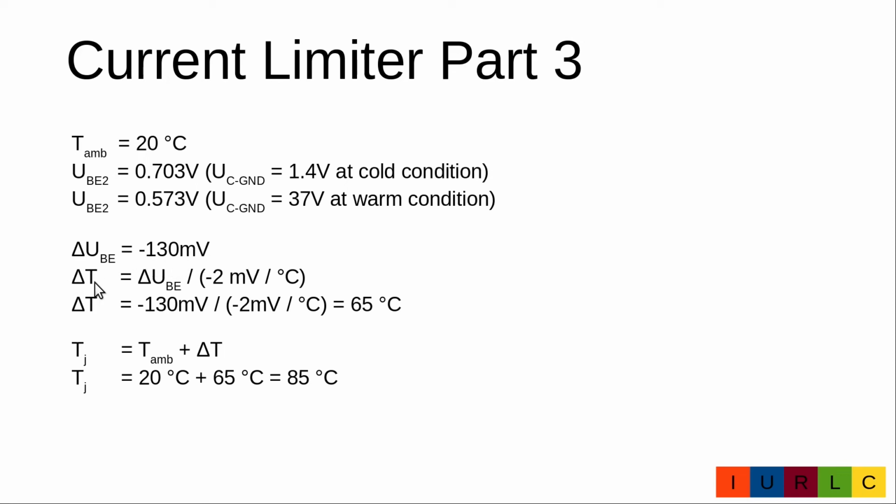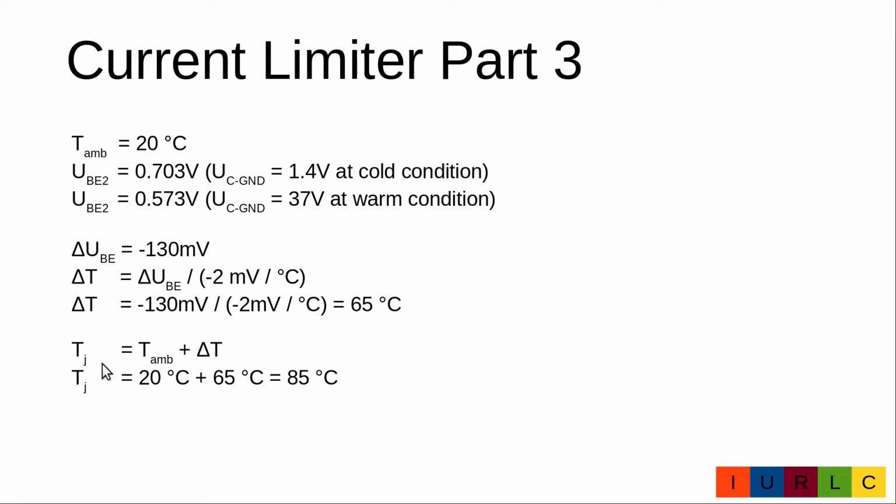The delta temperature of the junction is delta base emitter voltage divided by minus 2 millivolt per degree Celsius, which is minus 130 millivolt divided by minus 2 millivolt per degree Celsius, is 65 degrees Celsius.